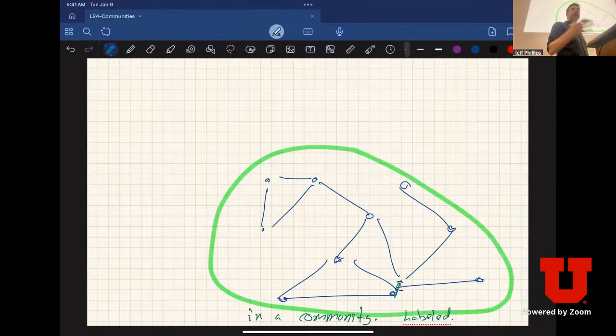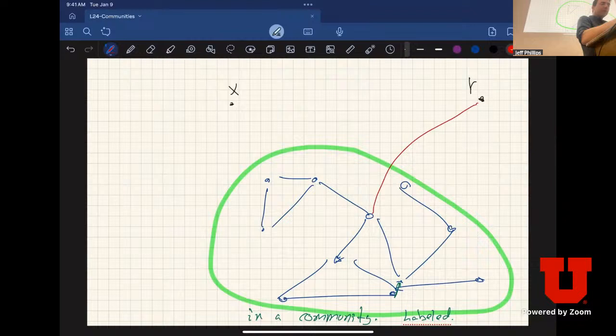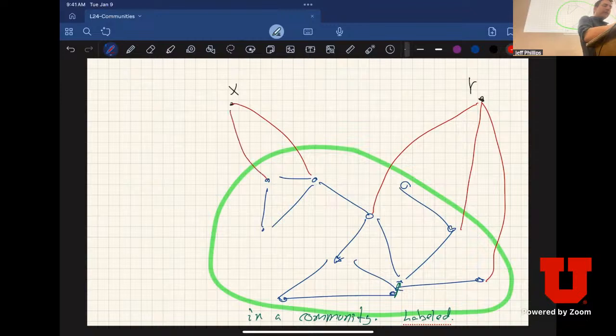And, okay, now I've got two additional people, Y and X. And I know these people have connections to people inside of this group. In fact, they both have 3 edges into people in the group.